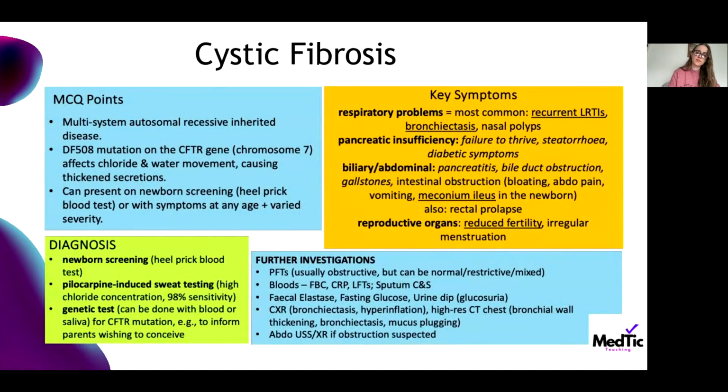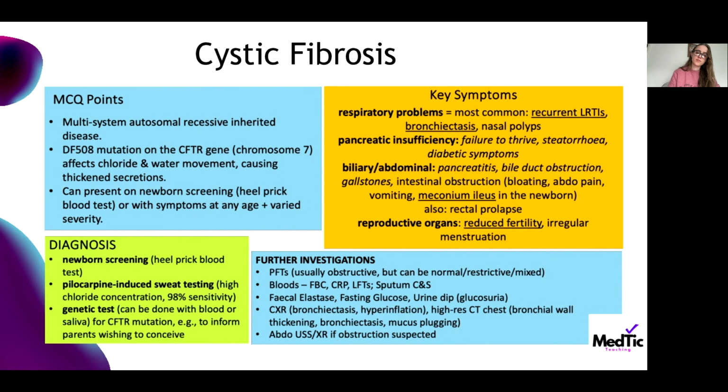Yeah, so it's an autosomal recessive disease, so there's a 25% chance of 2 carrier parents having an affected child. It affects multiple systems. We often think about it in the context of the respiratory problems, so recurrent infections, bronchiectasis, etc. But it's also going to affect things like the pancreas, causing pancreatic insufficiency symptoms, including diabetes, failure to thrive.